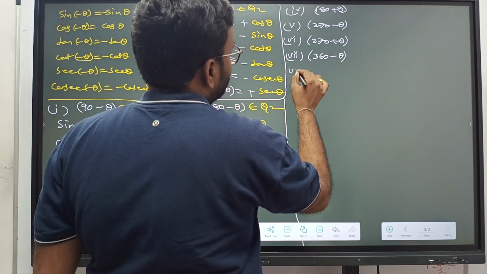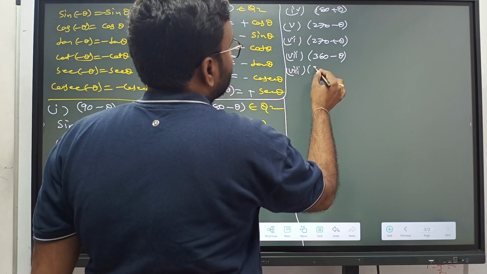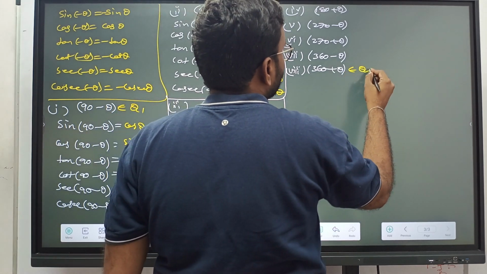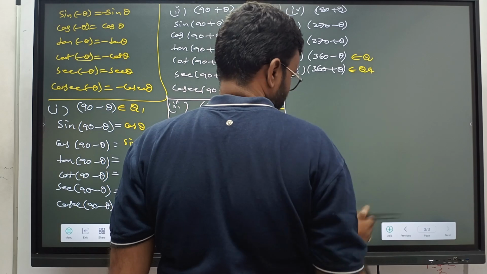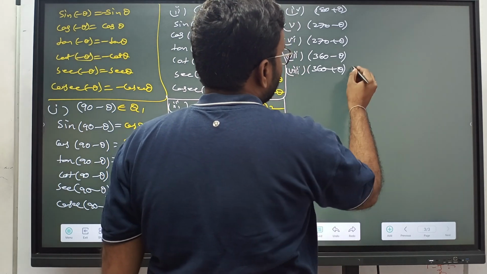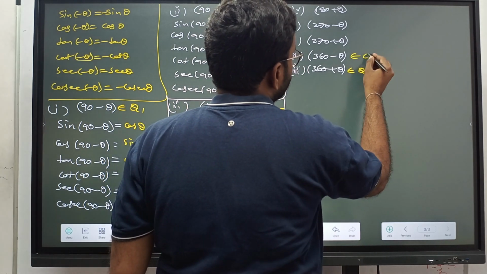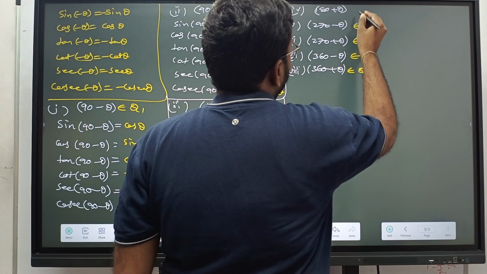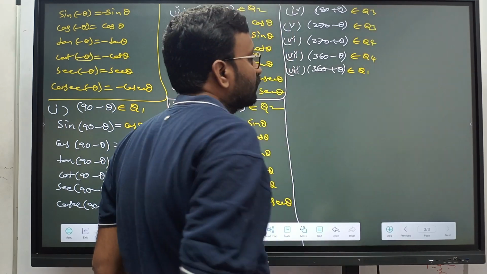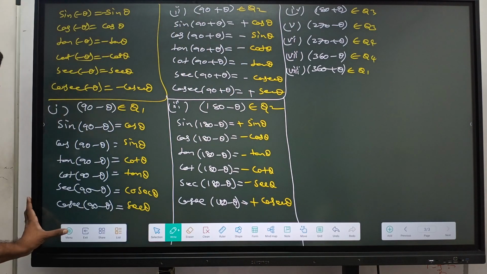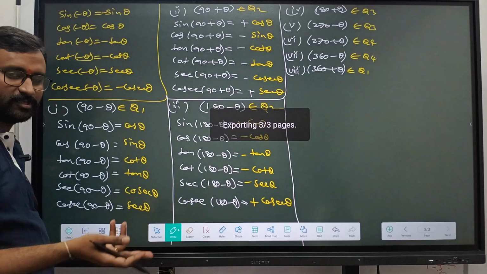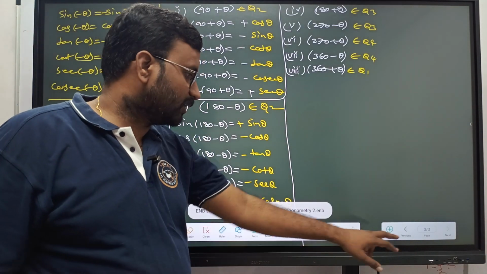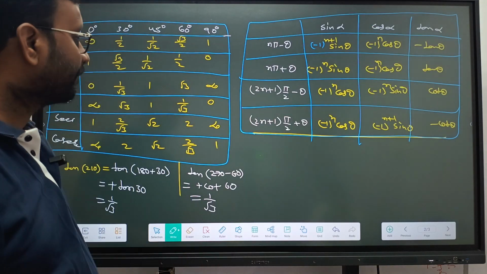Which quadrant is this? 360 plus theta belongs to Q4. This belongs to Q1, Q4, Q4, Q3, Q3. Okay na? So you know in which quadrant which is positive, which is negative, simple. And you know on which axis which is changing or not changing. So very easy. Now come to this part.